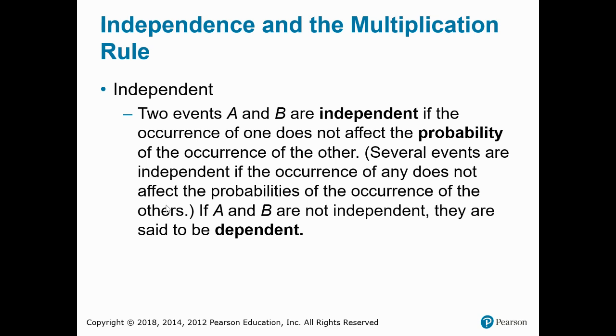What one does doesn't affect the other. If they are not independent, then they have to be dependent. So what happened in event A had some kind of effect on the probability in event B. So independent events do not affect one another. Dependent events do affect one another.